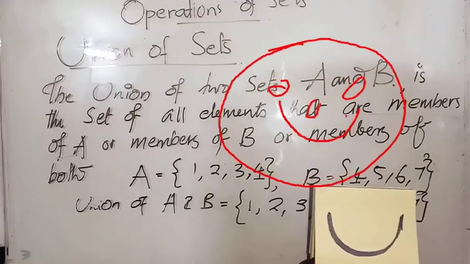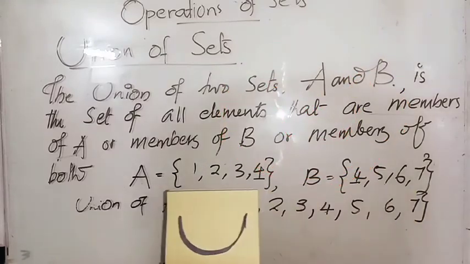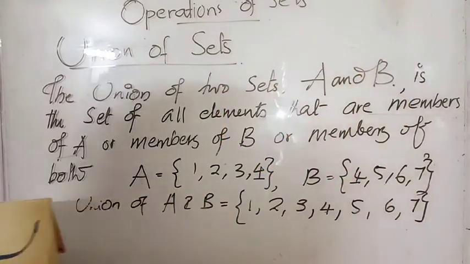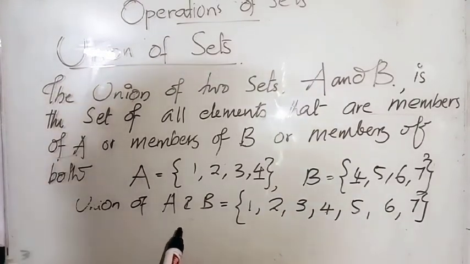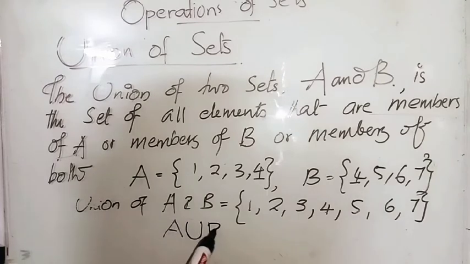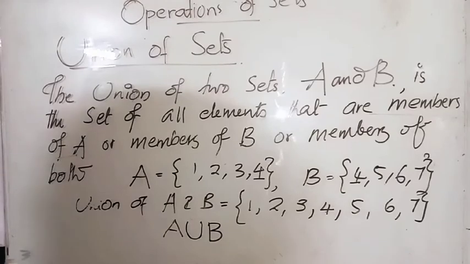So if you want to make union of A and B, it's very simple. Just write A U B. We have to read that as A union B. A union B is set 1, 2, 3, 4, 5, 6, 7.